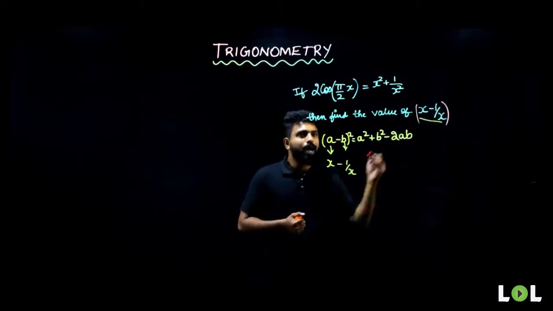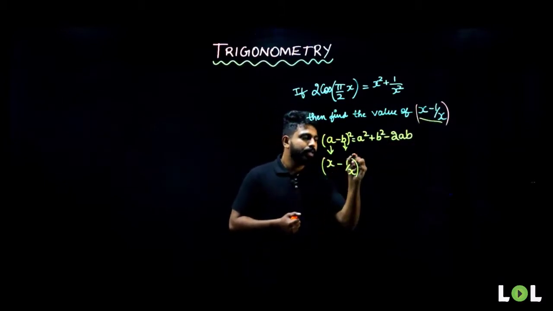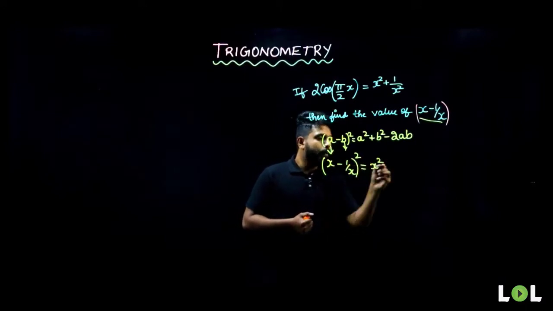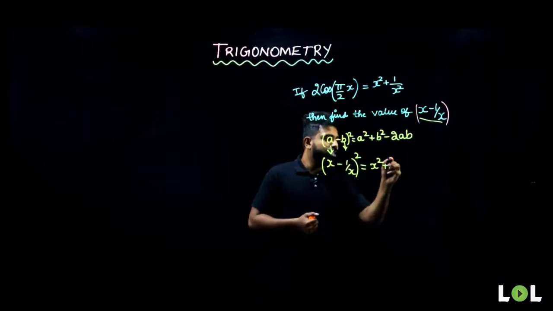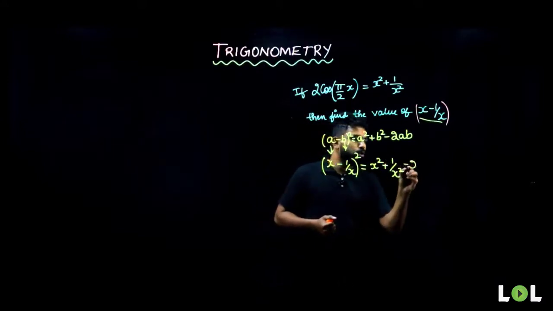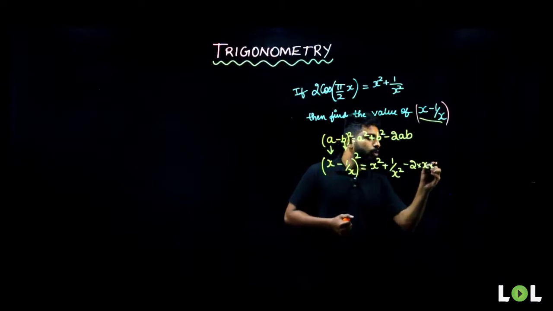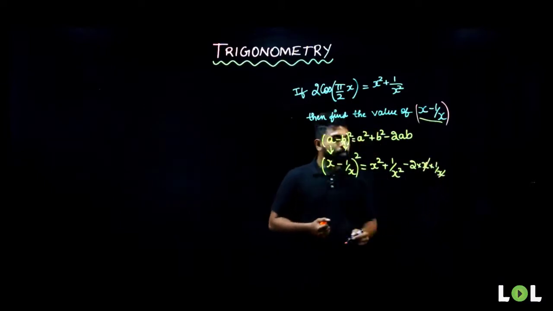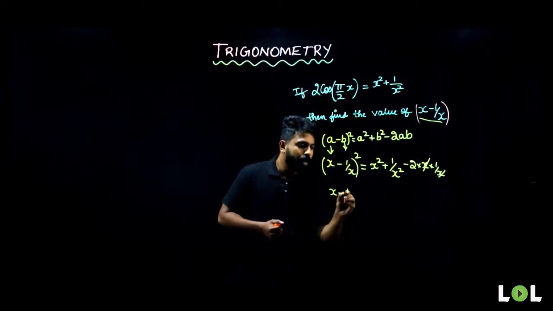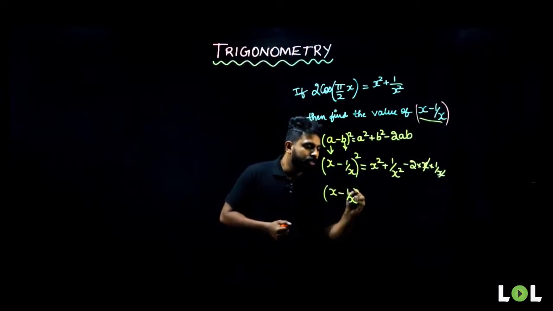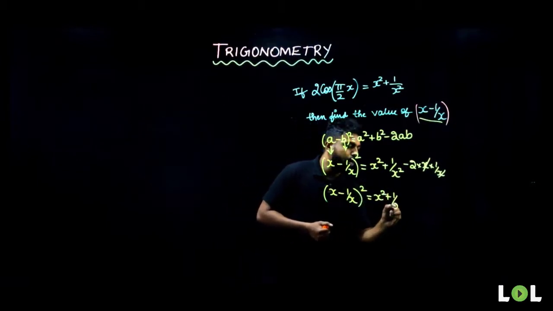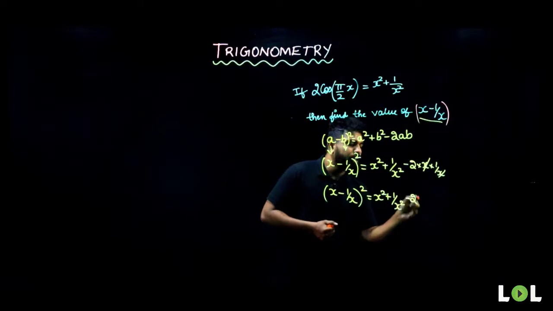So x minus 1 by x, this square, will be equal to x square plus 1 by x square minus 2 into x into 1 by x. What happens? x and 1 by x get cancelled. So now what am I left with? x minus 1 by x the whole square will be equal to x square plus 1 by x square minus 2.